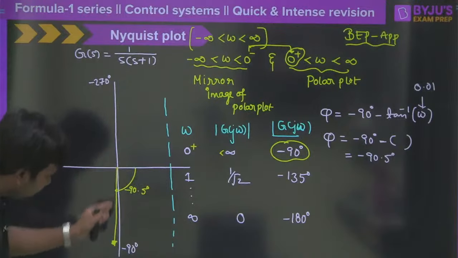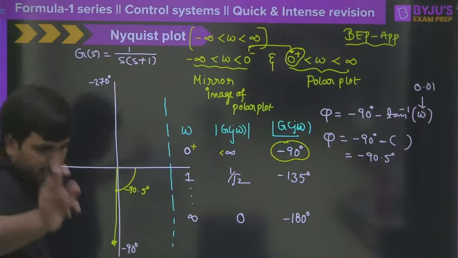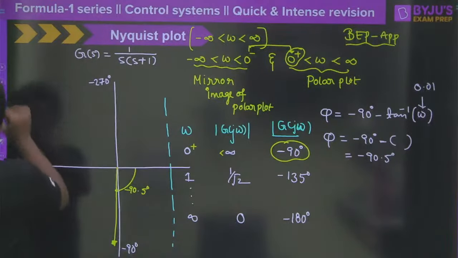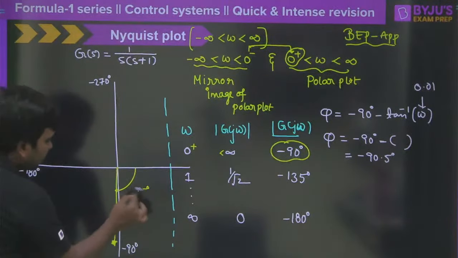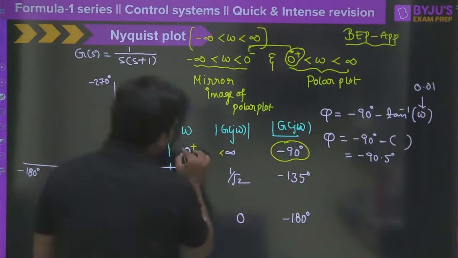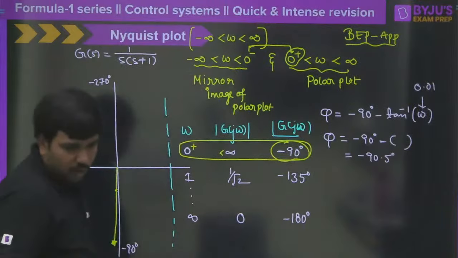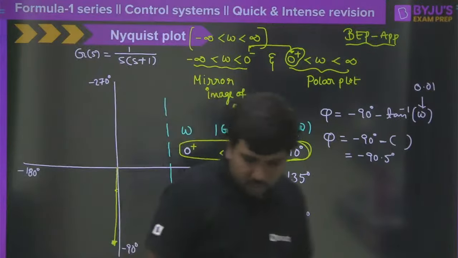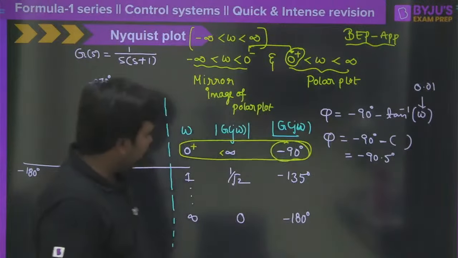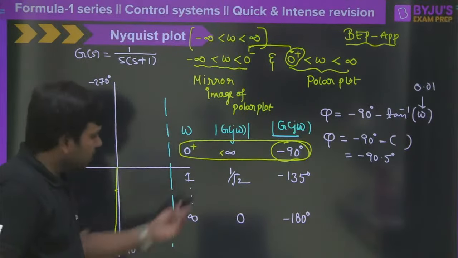That is why this line is coming just to this side of minus 90 degrees. The first vector is nothing but this one, from 0 plus up to here. Is it clear to all of you? Please let me know. Good evening, everyone, please tell me. 0 plus means just more than omega equal to 0.